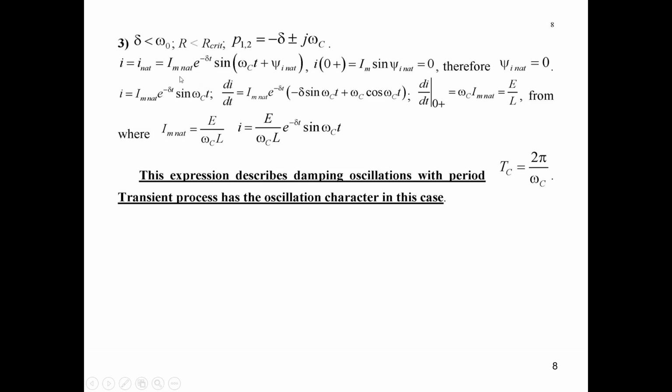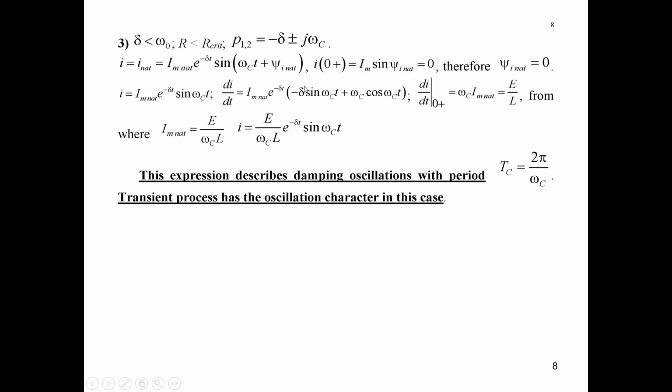Let's take the derivative of this expression. di by dt will be equal to I maximum natural multiplied by, you see, we have here a product of two functions of time, and the derivative of a product of two functions of time equals the first function multiplied by the derivative of the second function plus the second function multiplied by the derivative of the first function. In both cases, when taking both derivatives, we will have such a coefficient e to the minus delta t, because the derivative of an exponential function is equal to this exponential function, but it should be multiplied by the derivative of the argument.